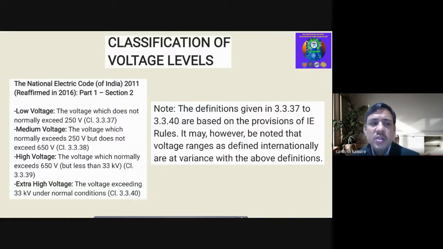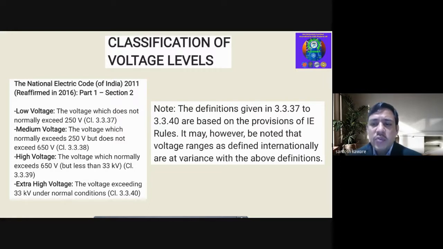Especially low voltage, they are saying that voltage which does not normally exceed 250 volt comes under low voltage. Medium voltage exceeds 250 volt but not more than 650 volt. Above 650 volt and below 33 kV comes under high voltage. And extra high voltage, they are saying, is more than 33 kV, like this.